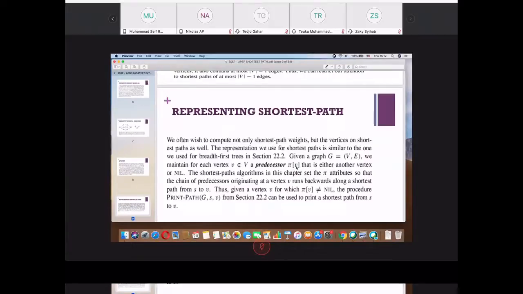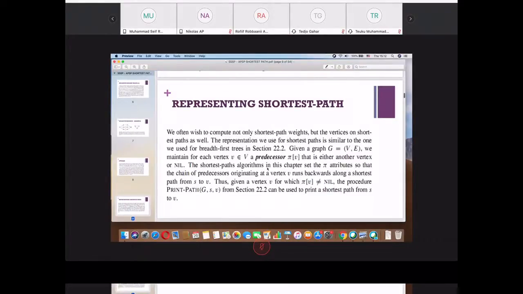So instead of using v.pi, this uses pi of v, but the meaning is the same. The pi is the predecessor attribute of the vertex v.